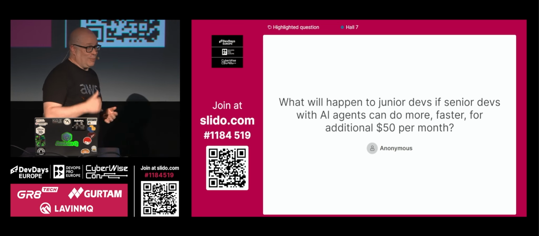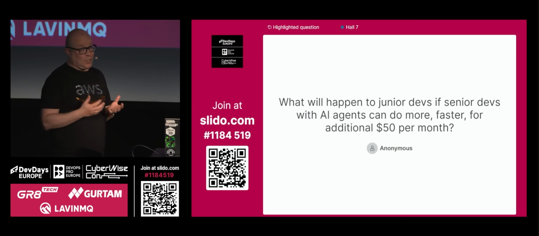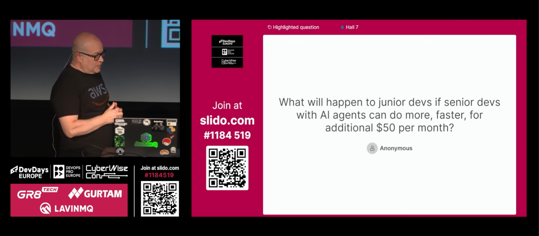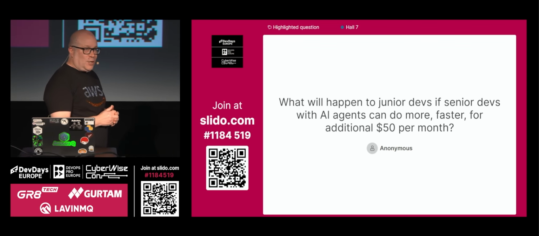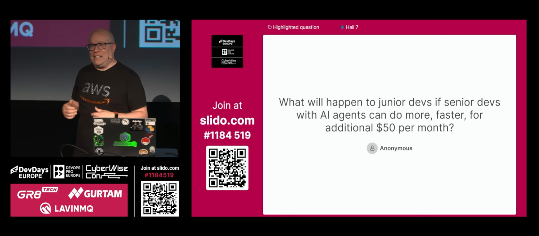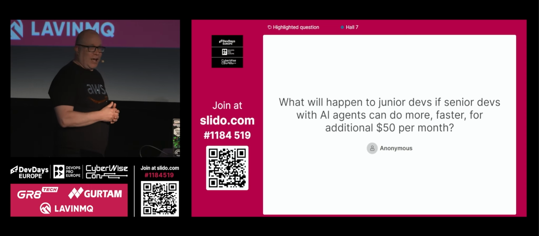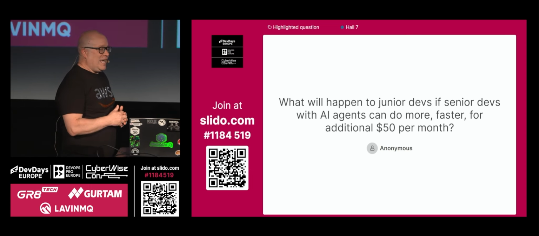That gives them an advantage. They're getting to learn how to use these tools effectively. They're also using them to get past problems that ordinarily they would work through with a senior dev. Now they use the tools to ask questions and to troubleshoot, and they're pretty good at doing that.